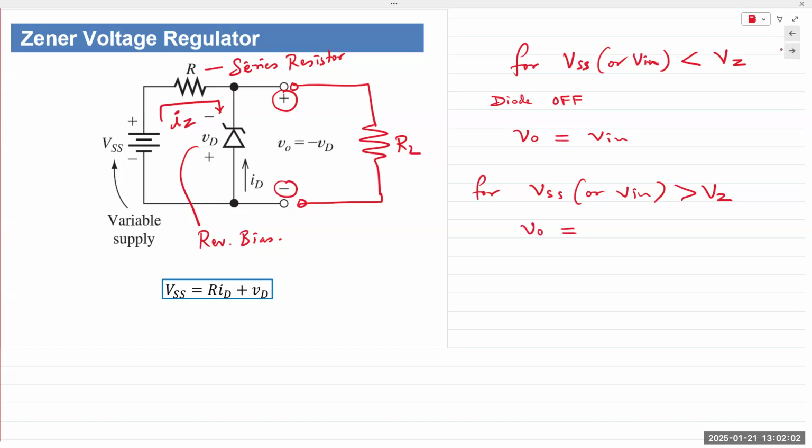So Vout would equal Vz. The Zener diode will permit excess current flow and keep voltage constant.